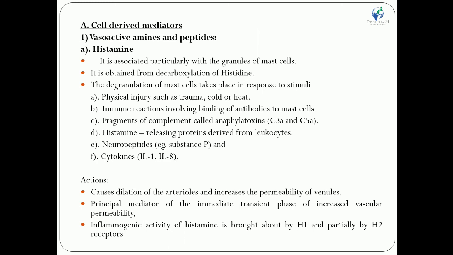Next, neuropeptides like substance P and certain cytokines like interleukin 1 and interleukin 8 act as stimuli. So these are all 6 kinds of stimuli which can degranulate the mast cells, leading to a release of histamine.